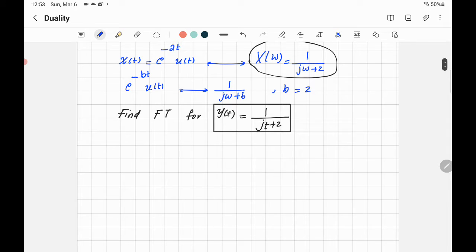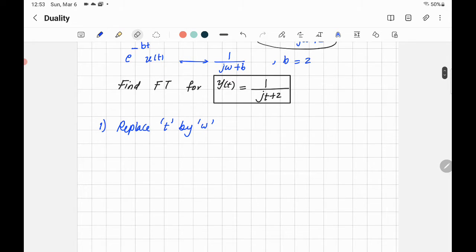The first step, replace t by omega in the expression y of t. But I don't like to write y of t because maybe it becomes a problem for you using x of t, whatever. The function that you want to find its Fourier transform, replace t by omega. So you will have 1 over j omega plus 2.